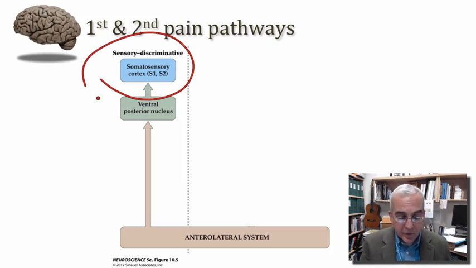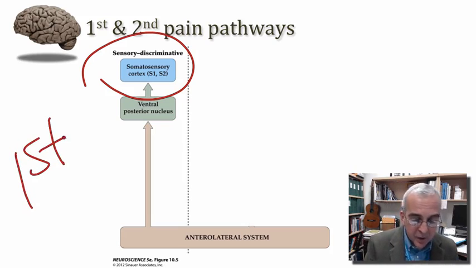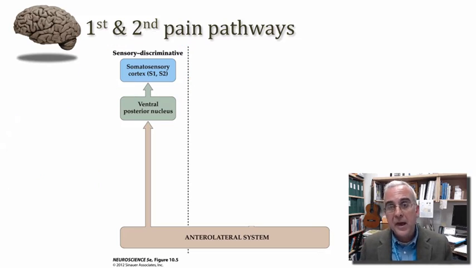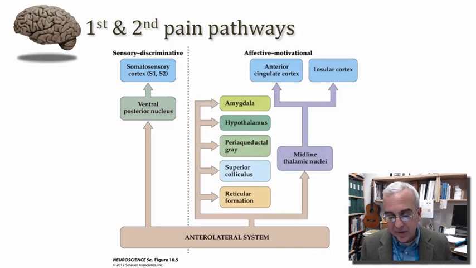Well, that's what we call first pain, or this sharp, somatotopically localized, but thankfully usually transient sense of sharp shooting pain. The pain that typically follows is more of a dull and aching nature, and the fact that it feels so differently and often persists for a longer period of time suggests that perhaps these are signals that are percolating through a more widespread set of brain structures, and indeed that's the case.